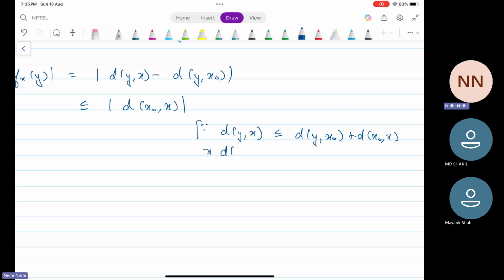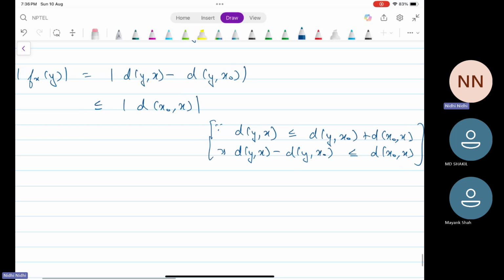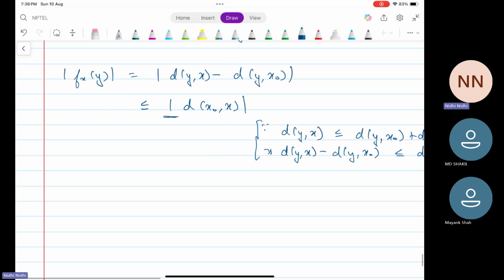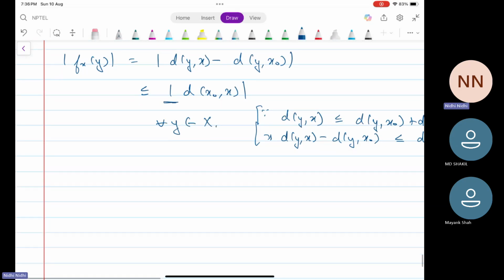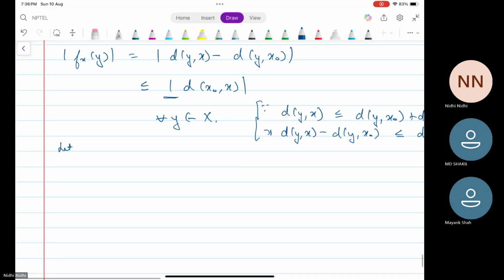So d(y, x) minus d(y, x naught) is less than or equal to d(x naught, x). Now this upper bound is independent of y, and this is happening for every y in X. So I can take this as M_x. We can remove the modulus also because we know that distance is always positive.